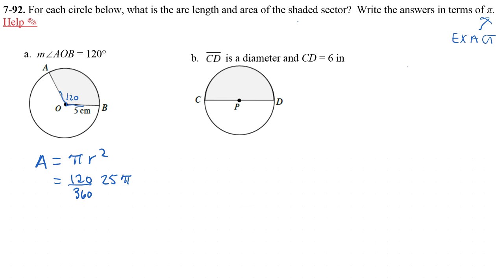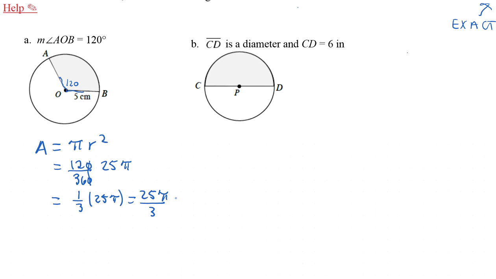The first thing you want to do is simplify the fraction, and so we know 12 goes into 36 3 times, so we get 1/3, and 1/3 times 25 pi is going to be 25 pi divided by 3. And our units are centimeters squared. And so that's in exact form.